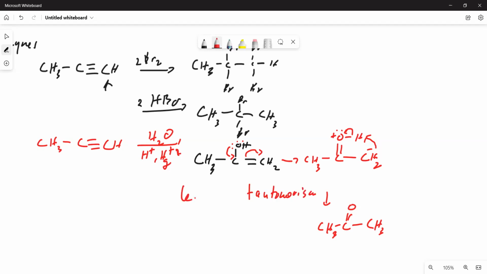Specifically, keto-enol tautomerism. Okay, so that is the expected product for alkyne. No, you have a ketone, except for acetylene. No, acetylene is the only alkyne that will give an aldehyde rather than a ketone. The rest will always produce a ketone. Okay.